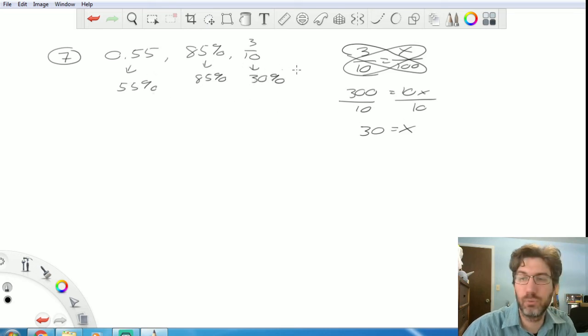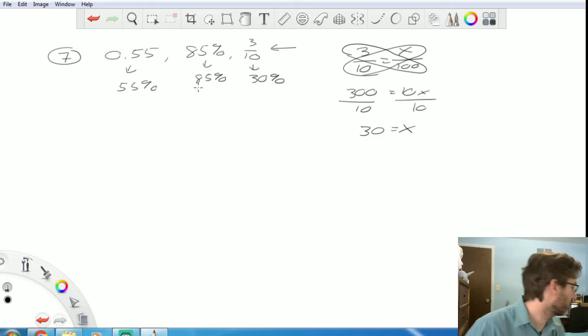And then it's asking you to put them in order. Your answer should be in original form, Eli. So you should be writing these numbers, not these ones. But you're going to put them in order.